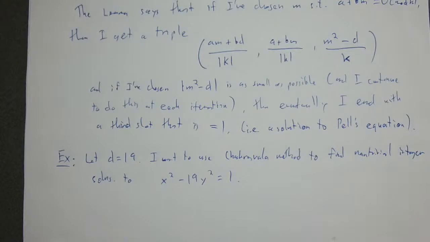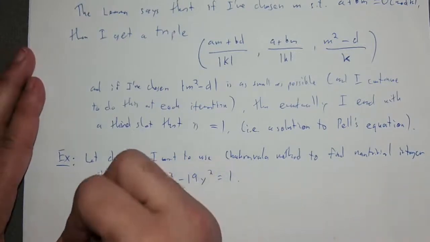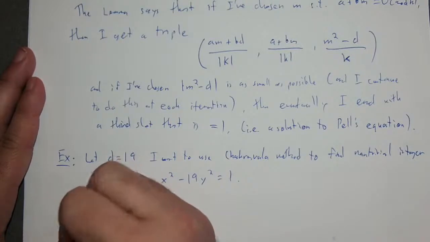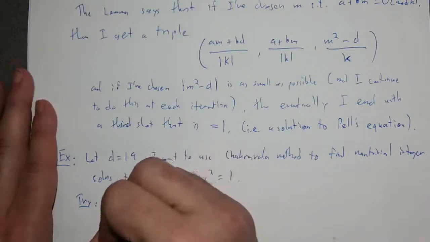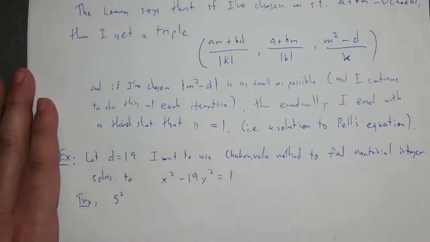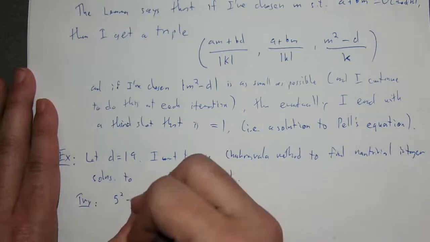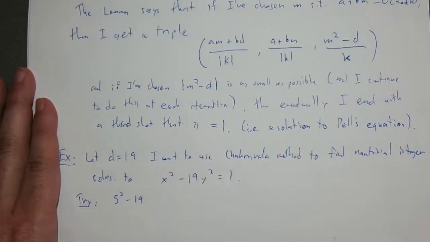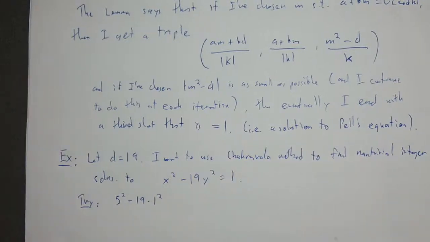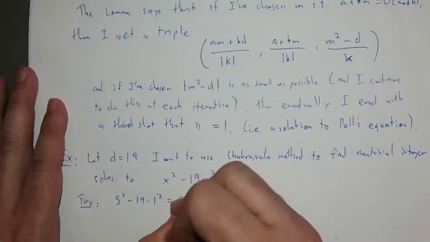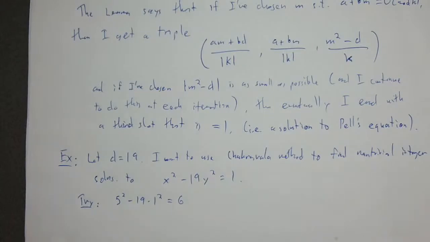So I can start with any triple I like. I'm going to start with 5, 1, 6. The reason is that I'm just going to try to do computation. I'm going to start out with 5 for x. So 5 squared, that's 25. If I subtract 19 from that and multiply by 1 squared, what's the result? The result is 6, right? That's 25 minus 19.